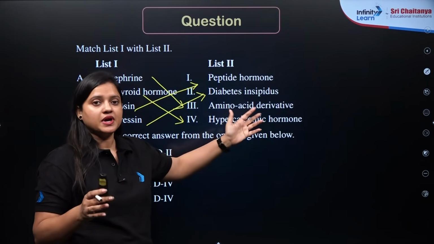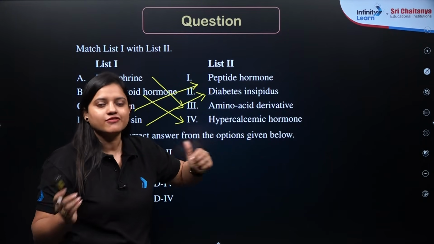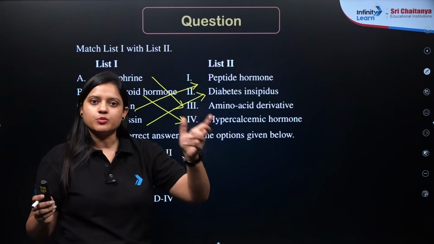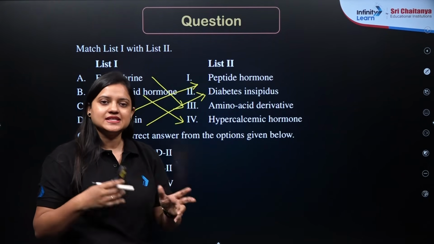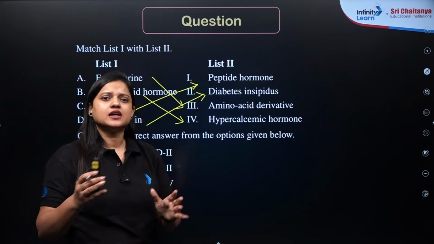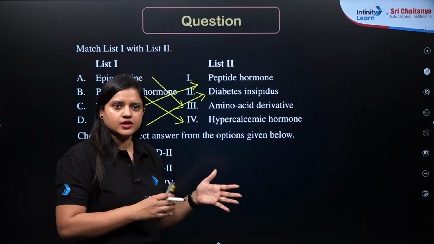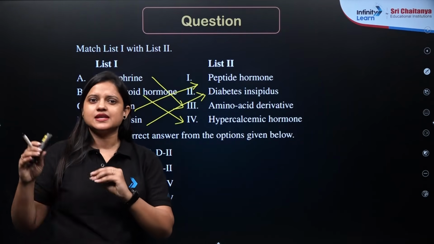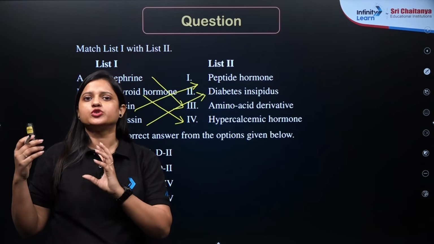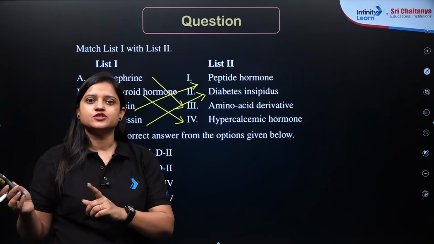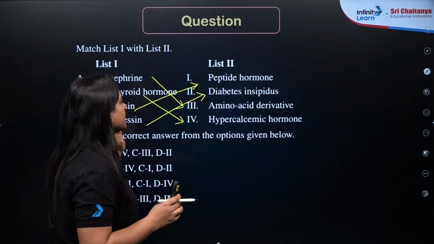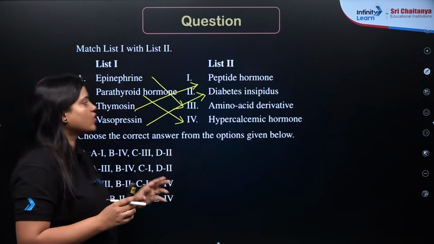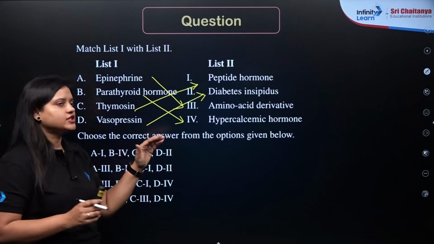Which is characterized by diuresis, because the function of vasopressin will be reabsorption of water from DCT and collecting duct, and this reabsorption of water will lead to decrease in urine output or water loss from urine, right? So that's why it is preventing diuresis, and that's why we call it antidiuretic hormone.